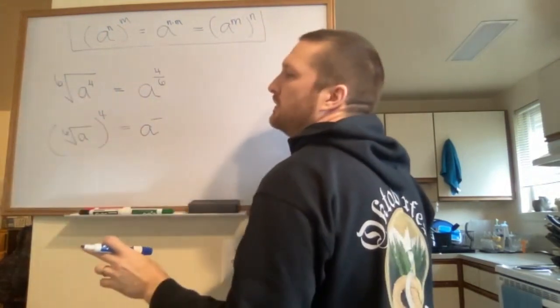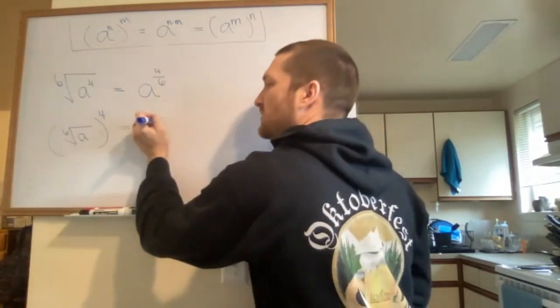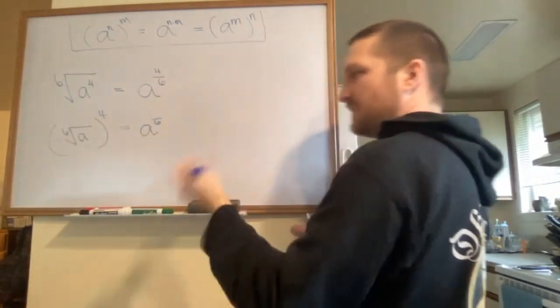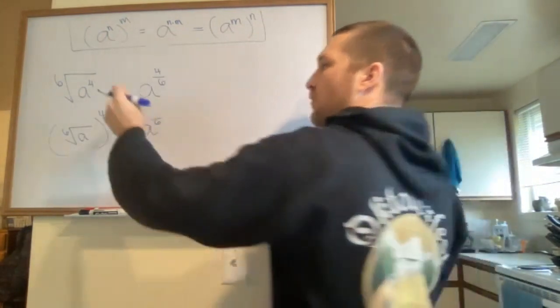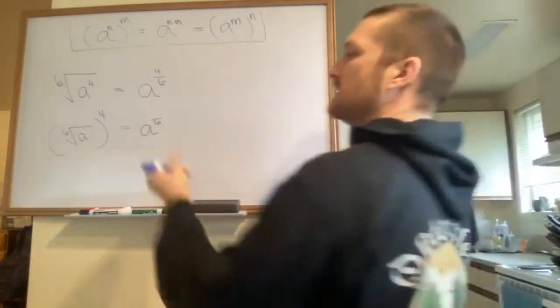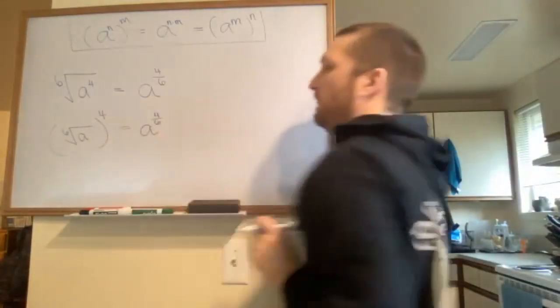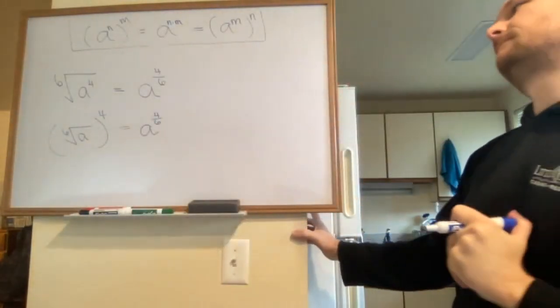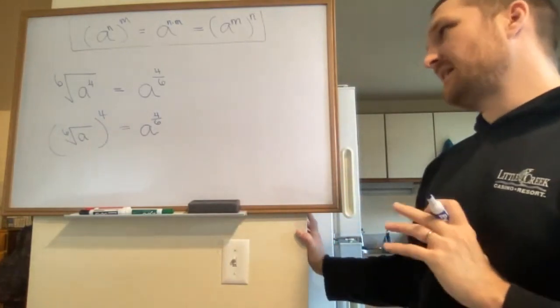It always has to. So if it's a 6th root, that means we're having a fraction in terms of sixths, and then you're raising the inside to the 4th power. It all means the same thing. That's how you read these.